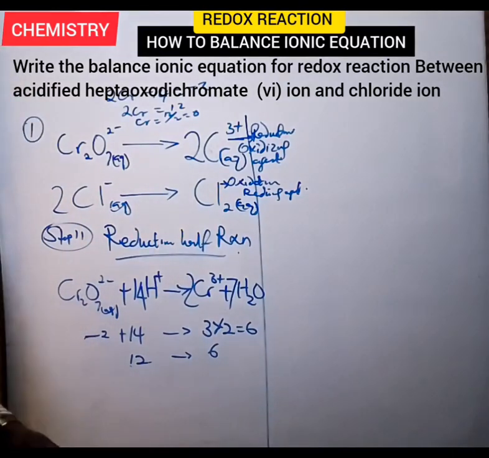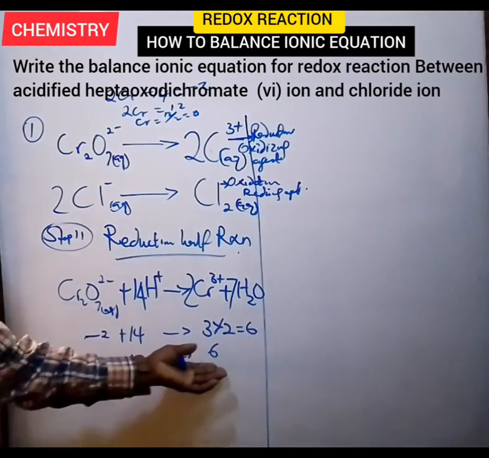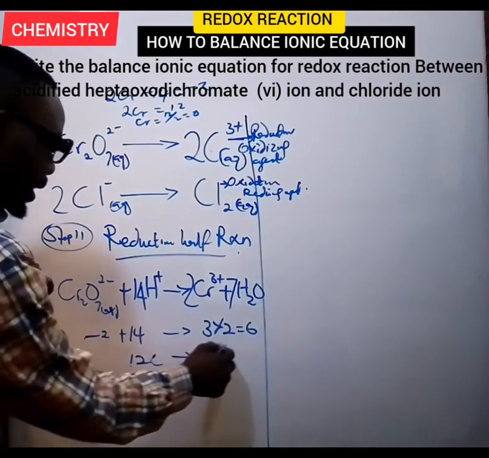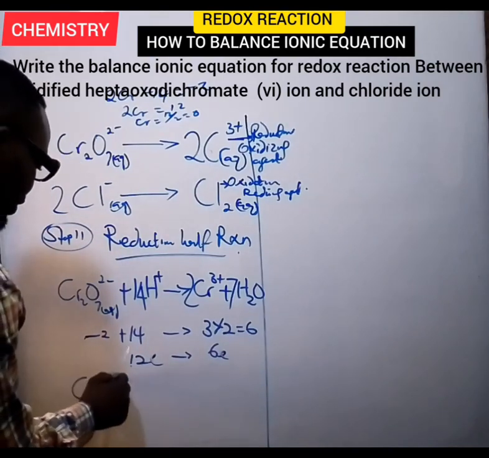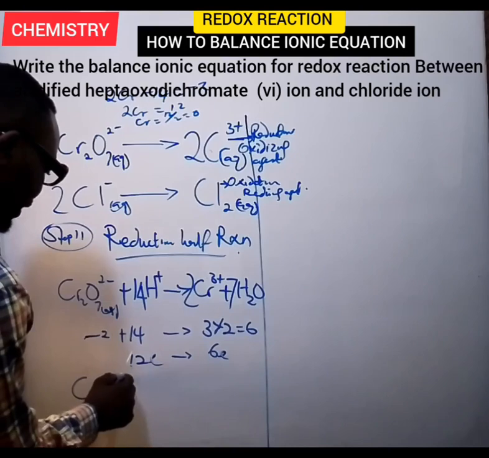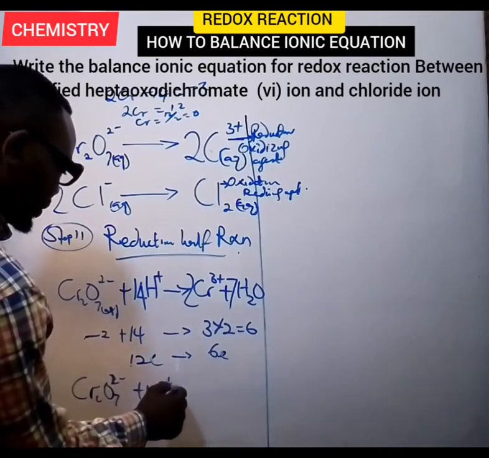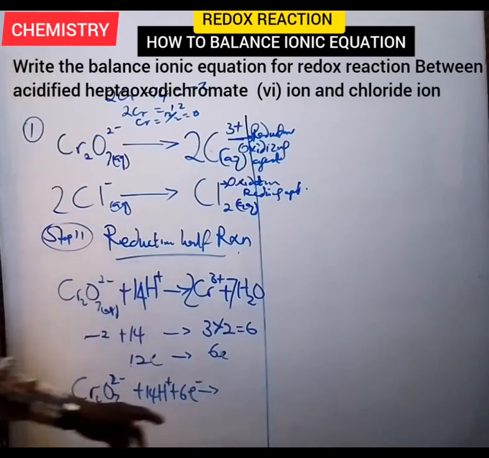In this regard, you are going to bring in electrons. Cr2O7 2- plus 14 hydrogen ions plus 6 electrons will give us 2Cr3+ plus 7H2O.